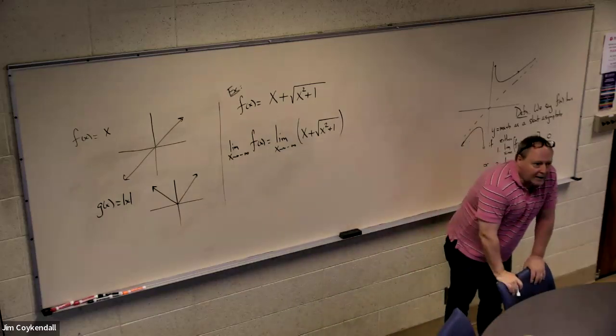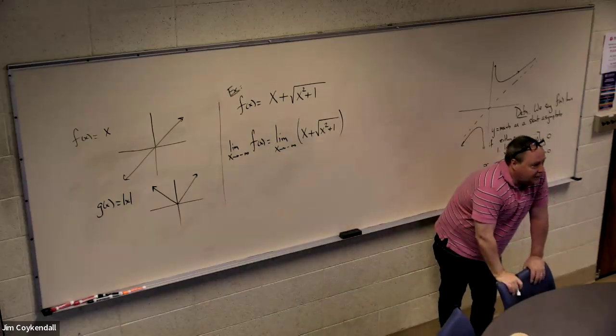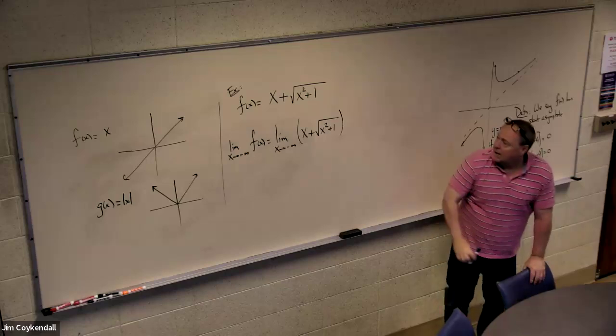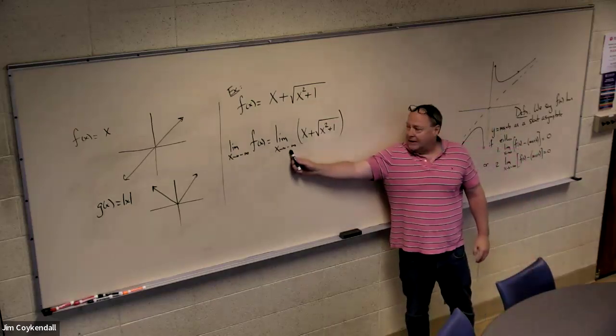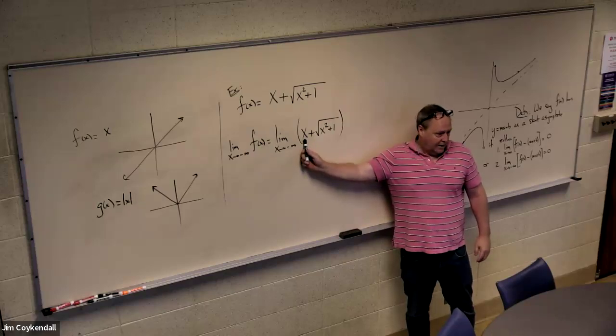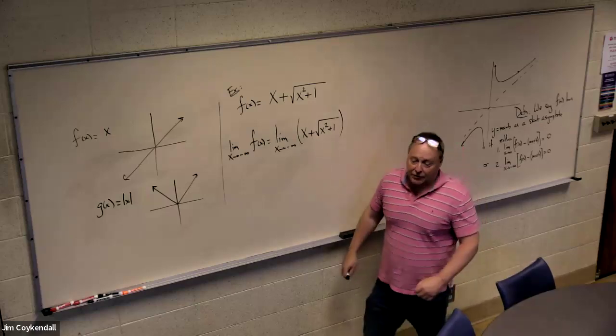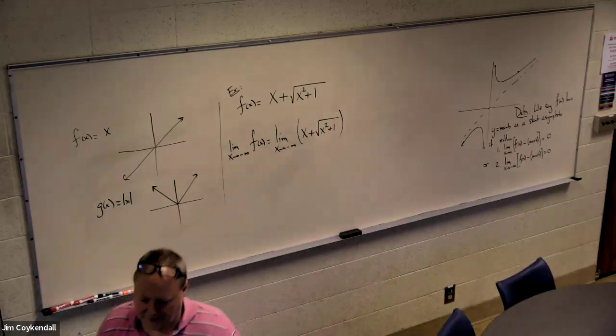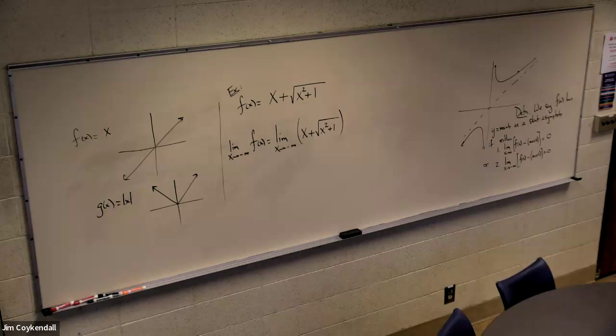What's the first thing to do with any limit like this? Be a bonehead and just play with it. As x goes to negative infinity, this is going to negative infinity, right? And what about x squared plus 1, or the square root of x squared plus 1? Where does that go?